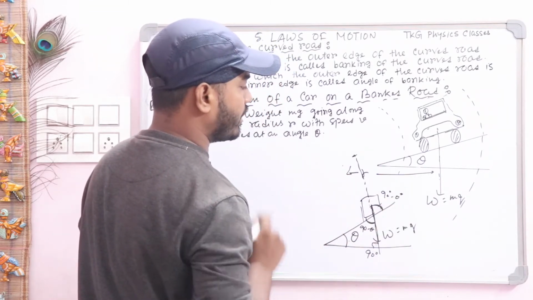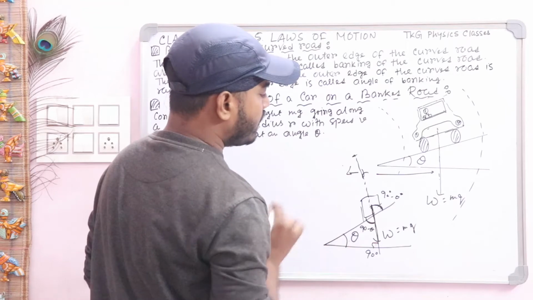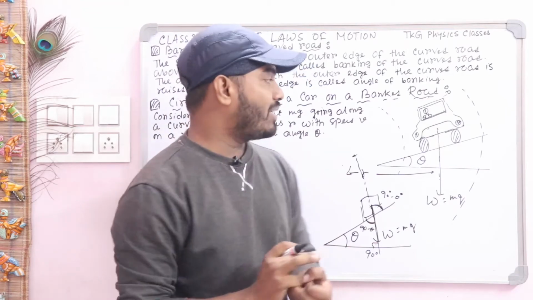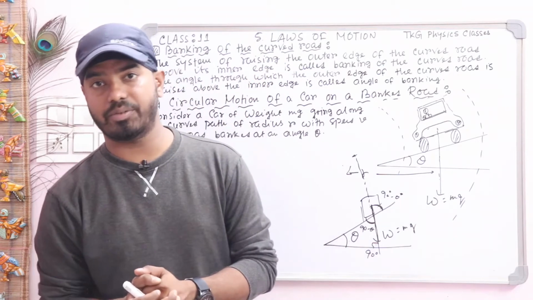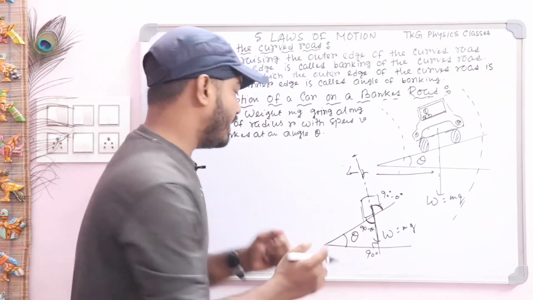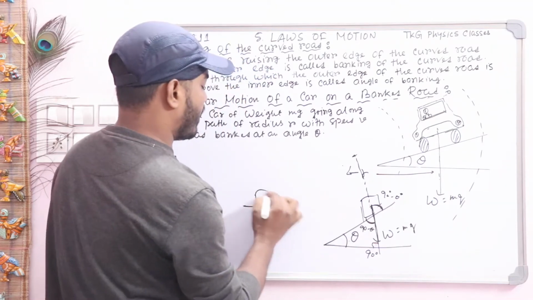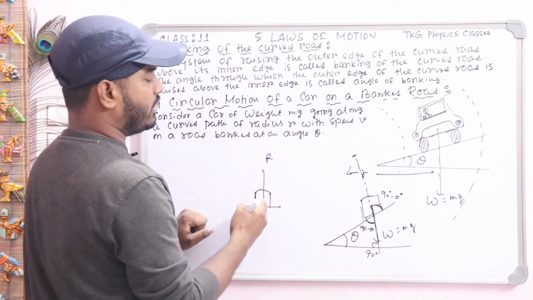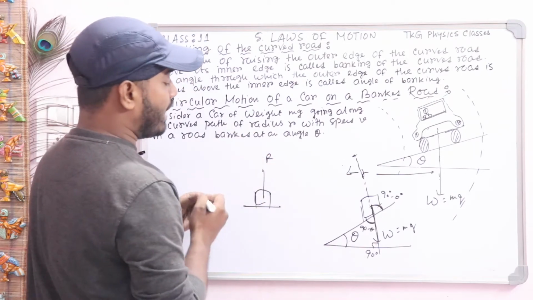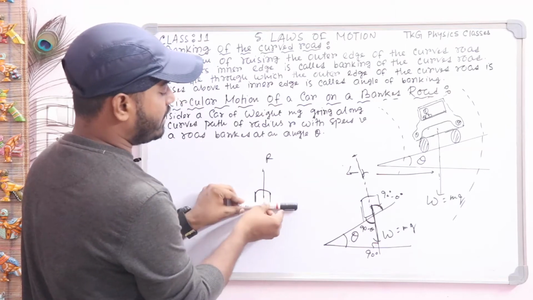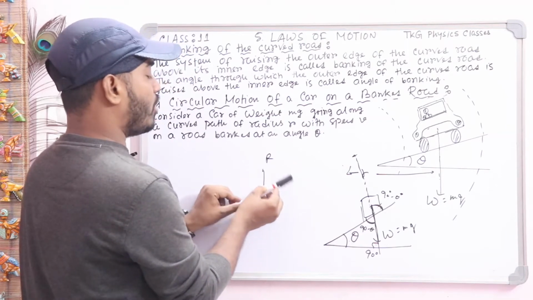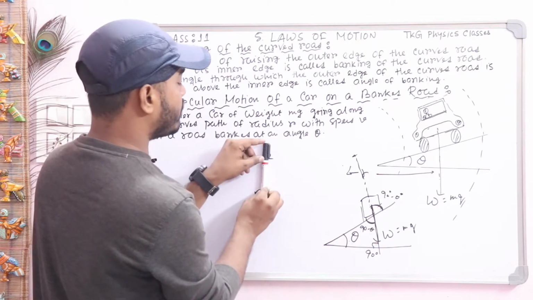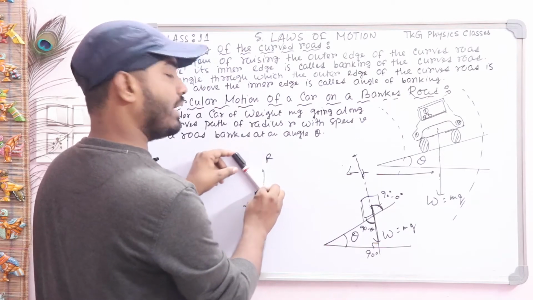Clear? Okay. So here, what is the direction of the normal reaction force? Generally, when a body is placed on a horizontal surface, the normal reaction force is directed vertically upward, perpendicular to the surface. But here the surface is inclined, so the normal reaction force will also be inclined this way.